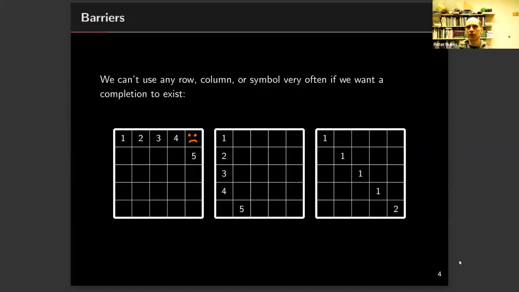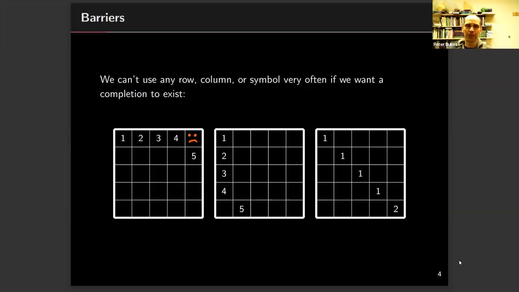Okay, so we can't use any row or column or symbol very often if we want to have a completion. Now, here's a really annoying example. Some jerk gave us a partial Latin square over on the left here where the whole first row is filled except for the last entry. And then they put the symbol we need not in that row.